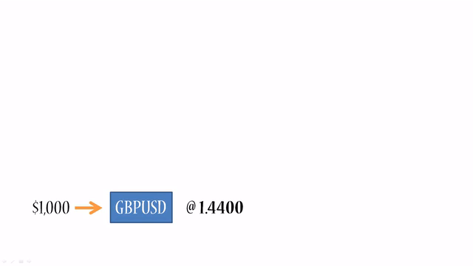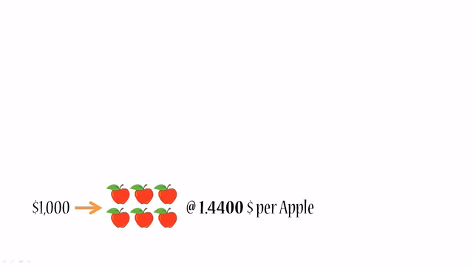Now, as we did previously, let's simplify this example by replacing the British pound with apples, because apples are also tangible. We can hold them, count them, measure them, weigh them up, and we can always replace the base currency with apples to simplify things. So now our example says that the trader had $1,000 which he invested into apples at the price of $1.44 per apple.